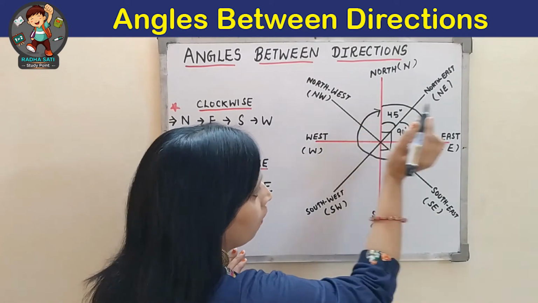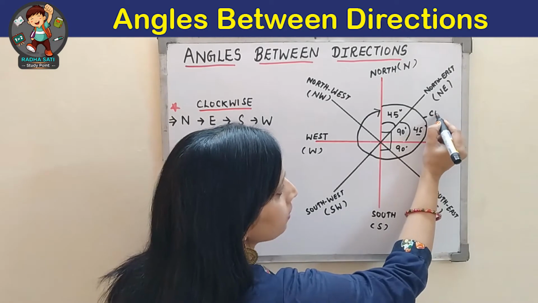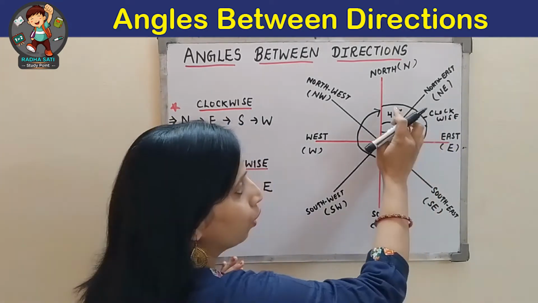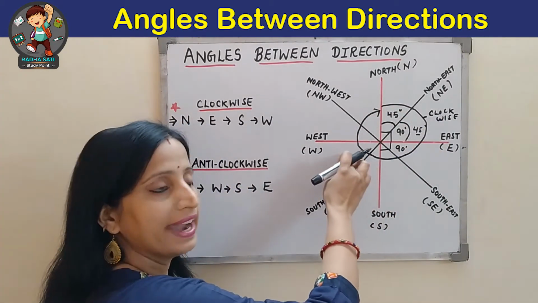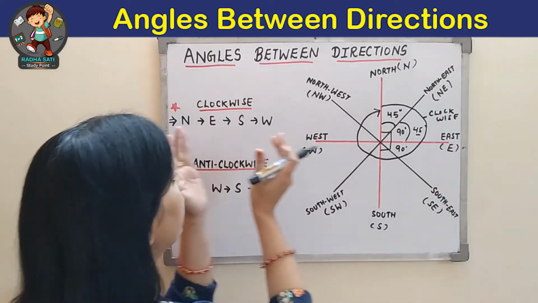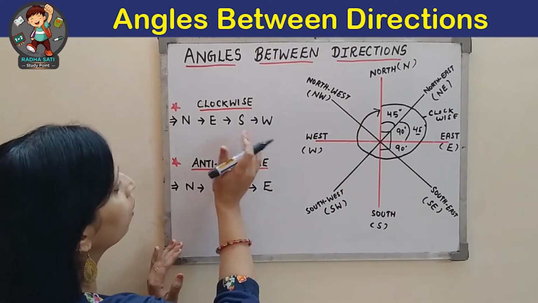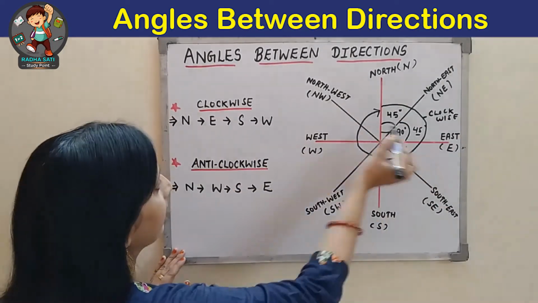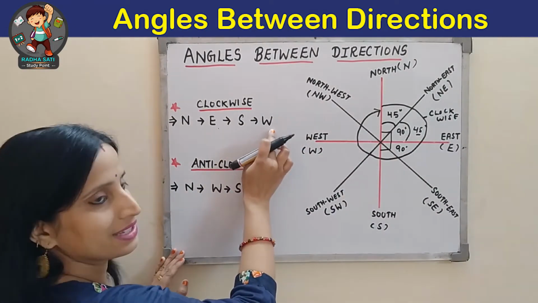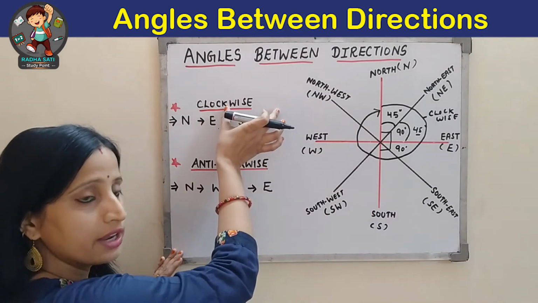This is called clockwise rotation, meaning when we move in the direction of the hands of the clock. Here I have mentioned the directions also: from north to east, east to south and south to west. So this is our clockwise rotation.